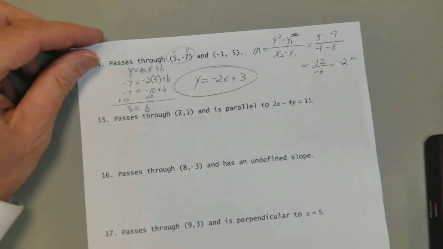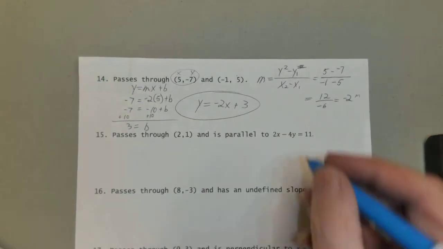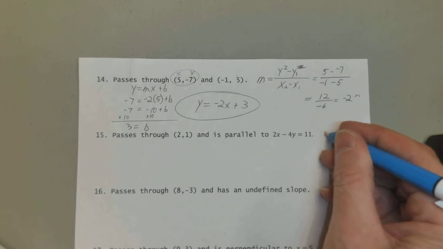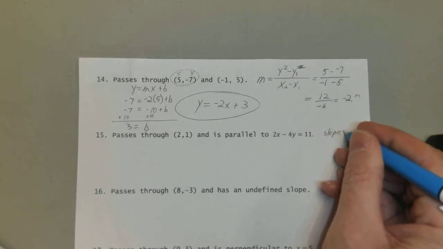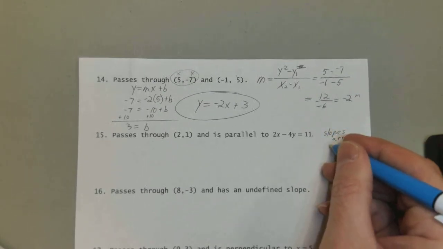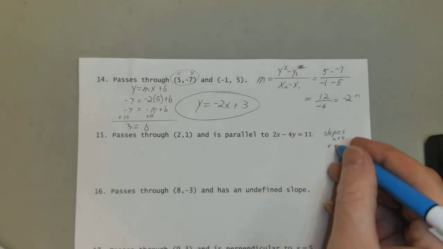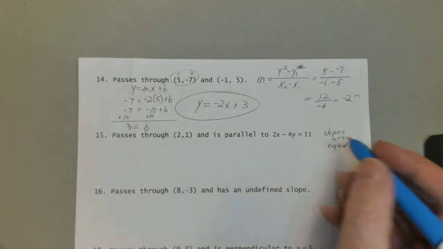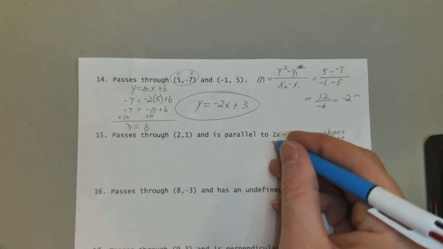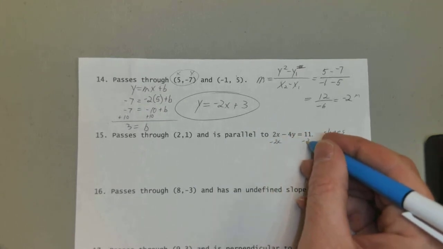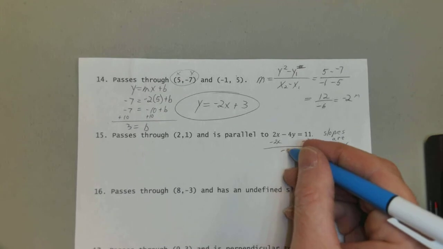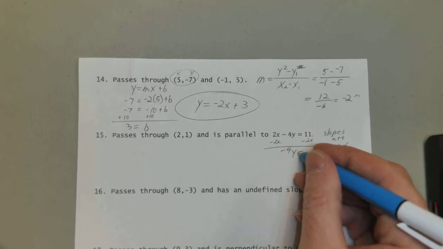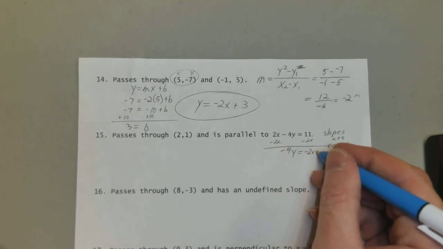All right, 15. Parallel. Parallel means slopes are equal. So whatever the slope of this line is going to be the slope of the line we're looking for. And I'm going to find that slope by solving for y and looking at the coefficient of x. So that's negative 4y equals negative 2x plus 11.